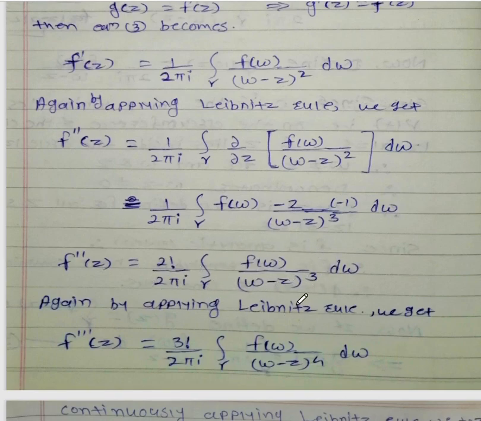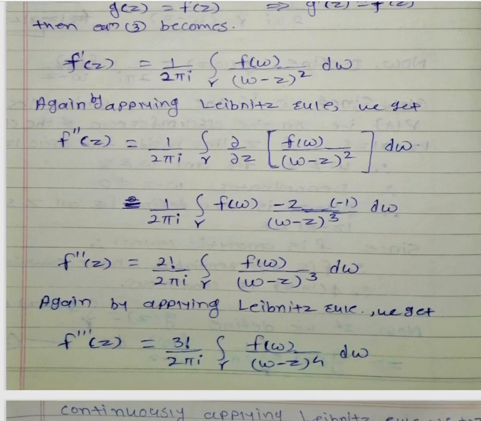If you apply the Leibniz rule again, we will get the third derivative, that is f triple dash of z equal to 3 factorial upon 2 pi i integral over gamma f of w upon (w minus z) to the power 4 dw.